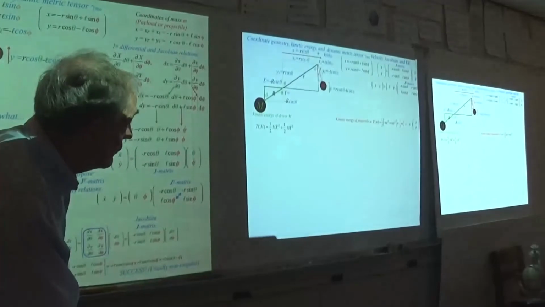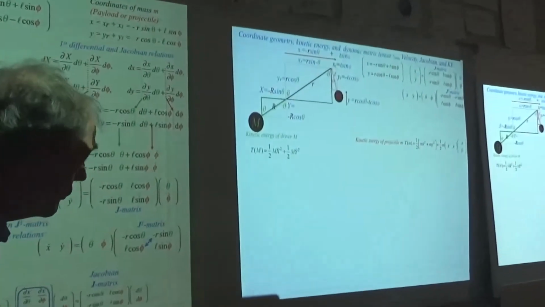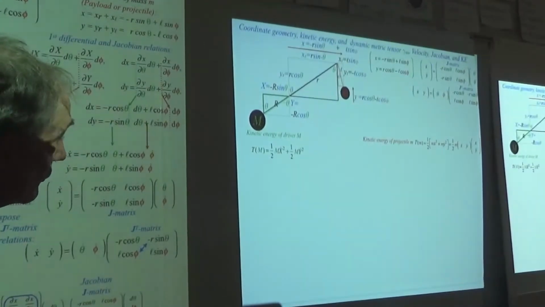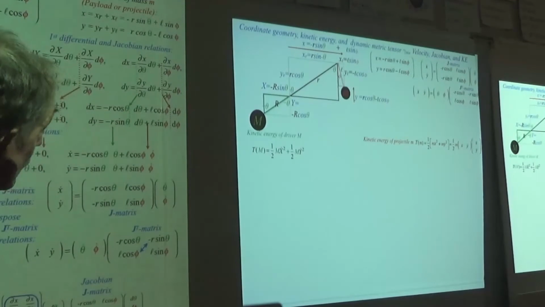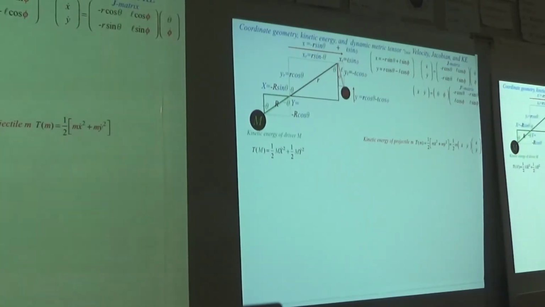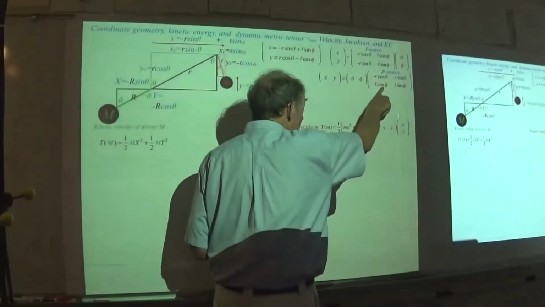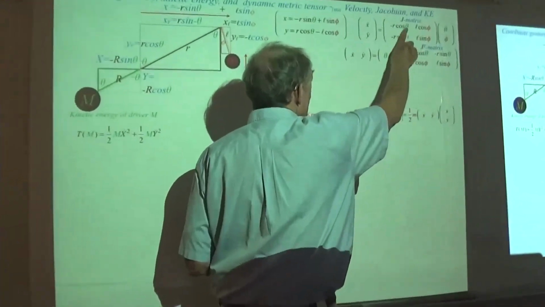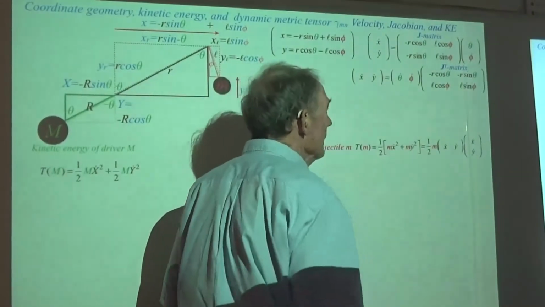There's the basic Cartesian coordinate system for the kinetic energy for the projectile and for the driver, and the way to make that useful. Now go ahead and get ahead on this one as well. To make that useful, I use both of these relations. In other words, this thing and then the transpose of it. So Jacobian and J^T is the transposed Jacobian matrix.